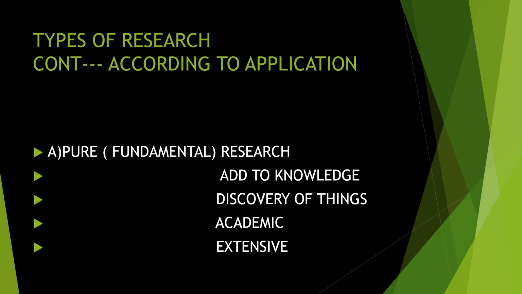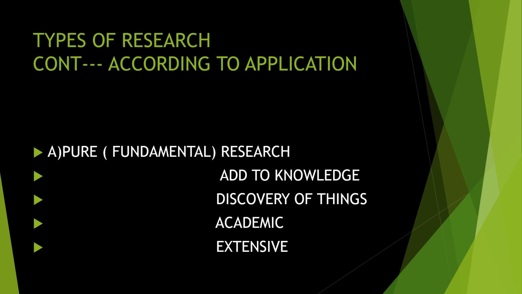That I told you. Already theory is there. You are just adding extra knowledge to it. You are finding something new and you are adding the knowledge to it. Discovery of things. Discover means something already existing, you are just finding it out. It is academic. Academic means it is related to studies. Then extensive.